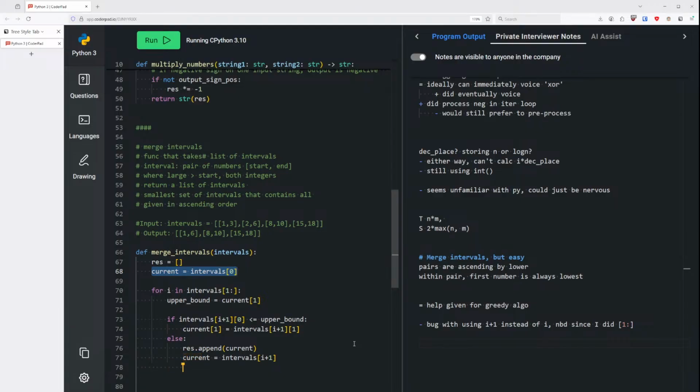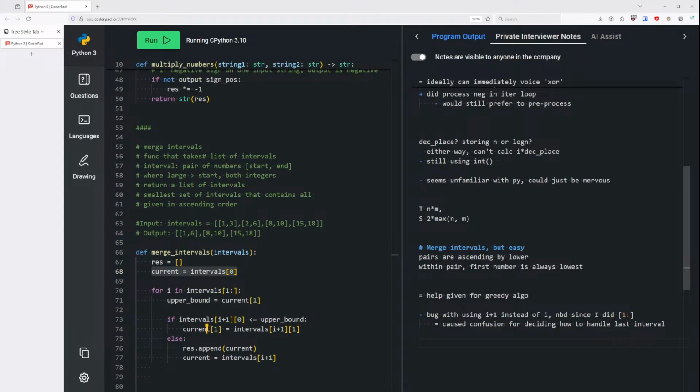So if it's not overlapping, where do I want to add this? Because if it is overlapping, it will have been, okay, if it was 10 to 18 instead, then it would have gone through this one and we would have made the current that, but then it still would have been the last one. So either way, I want to add the current. So where's the append?